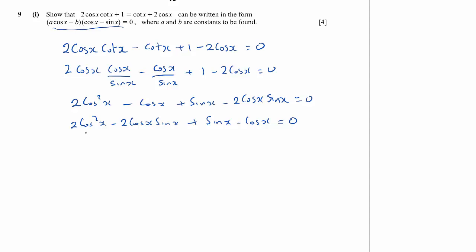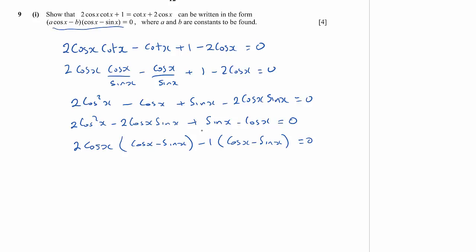So what can we do here? We could factorize this term by taking out a 2 cos x, and if we do that, we've got cos x minus sin x. Then we could have a take away 1 here, and a cos x minus sin x from the second two terms.